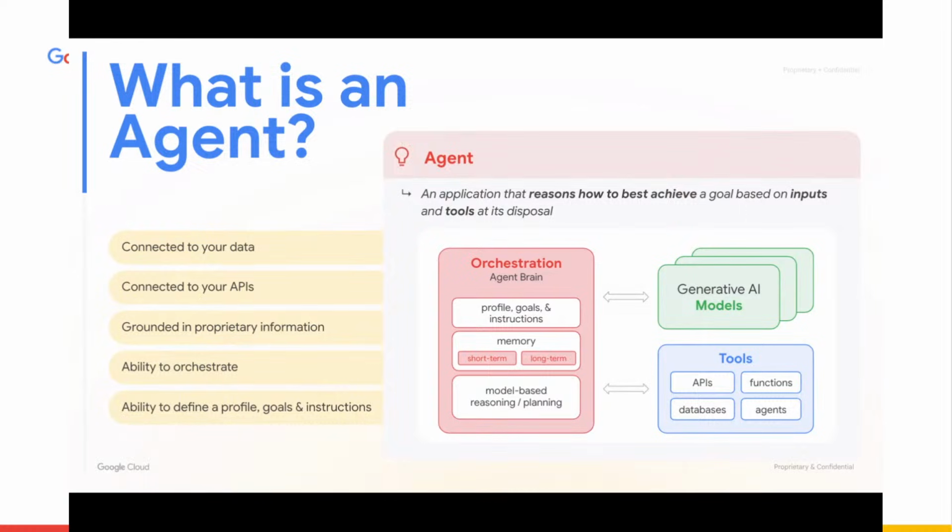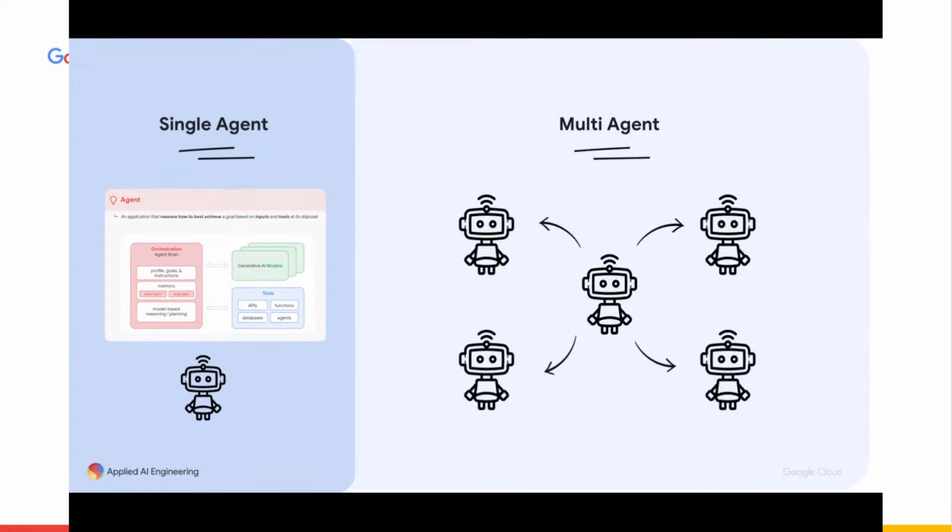But now we go to what we have defined as a single agent. But most organizations have complex applications to be designing for. So that's when the evolvement of multi-agent came. And in this case, as you could see, there is one agent, and then there are multiple agents it's talking to.